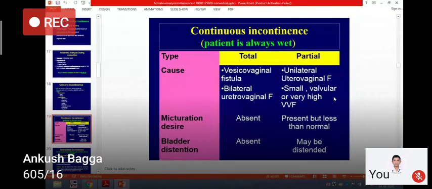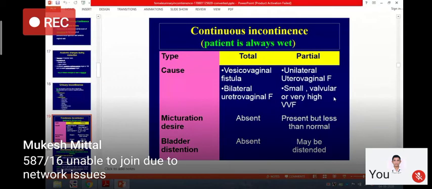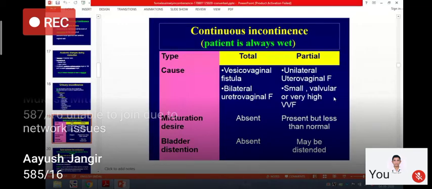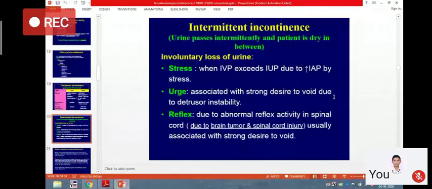Bladder distension is absent in total, and in partial, it may be distended. So basically, total urinary incontinence is in cases of fistulas. And if there is a ureterovaginal fistula, then that should be bilateral for total incontinence.